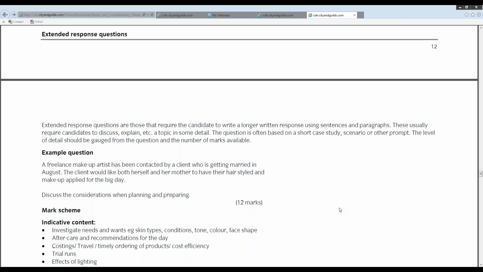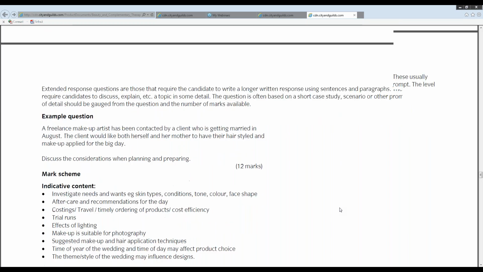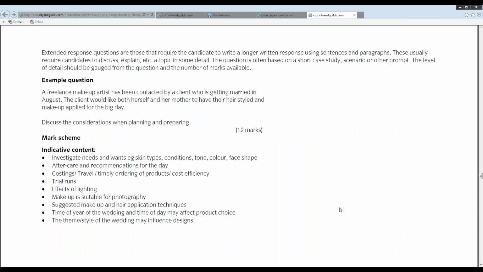So what we've done here to support you, to support your learner, is we've given them some indicative content. And this indicative content obviously is tailored to every exam guide that we've done. So here we're telling them, okay, to be able to maximise your marks, you need to investigate needs and wants, e.g. what is the client's skin type, what is their condition, what is their tone, what is their colour, what is their face shape.